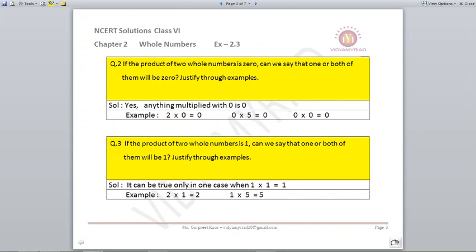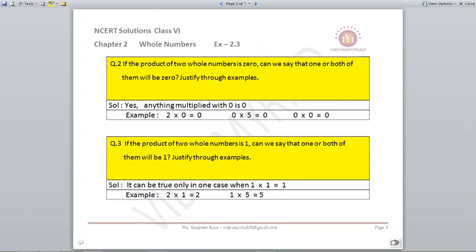Question number 3. If the product of two whole numbers is 1, can we say that one or both of them will be 1? Justify through example. Yes. Now, if I multiply 1 into 1, that is 1. And if I multiply with any other number, if I say 5 into 1, 10 into 1, 20 into 1, 50 into 1, everywhere I will get the number itself as my answer, not 1.